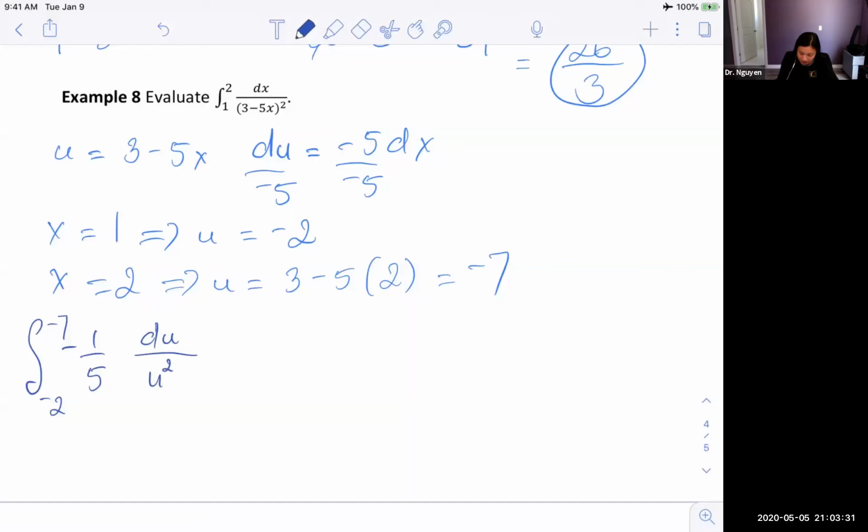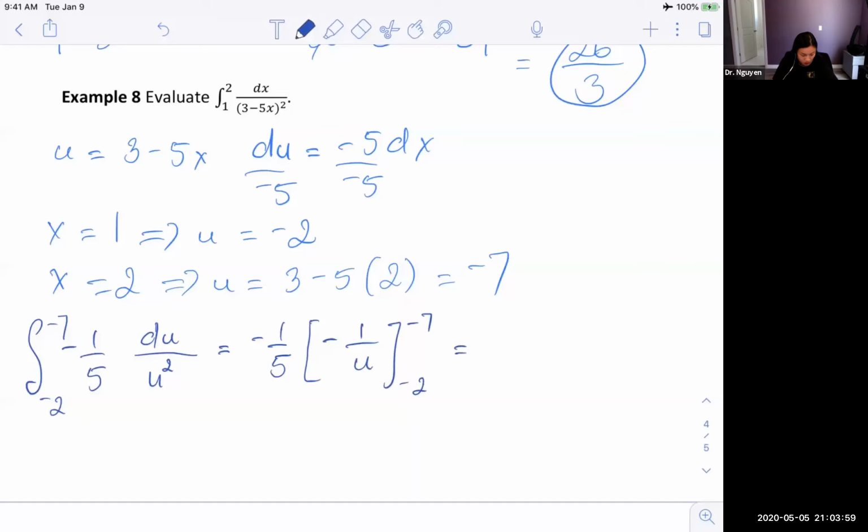Okay, now we're going to take the antiderivative. So I have -1/5. So u squared on the bottom, you move it up, so it's u to the -2. So we add 1, so it's -1. So we end up with -1 over u. And then we evaluate from -2 to -7.